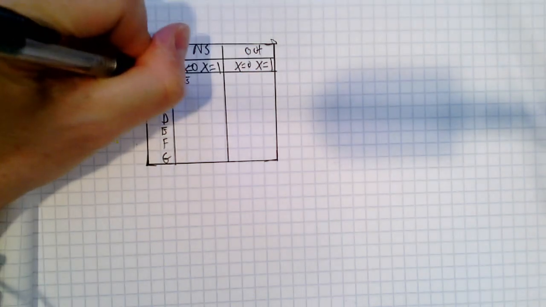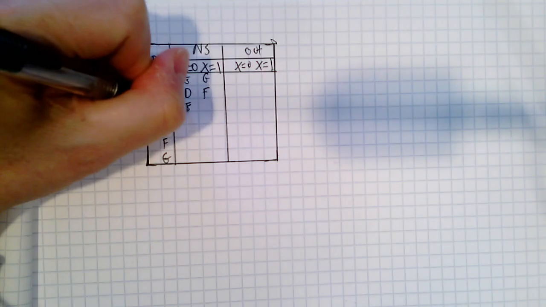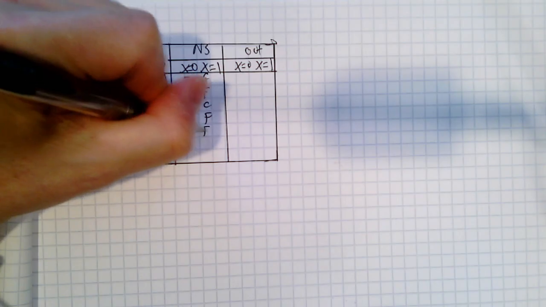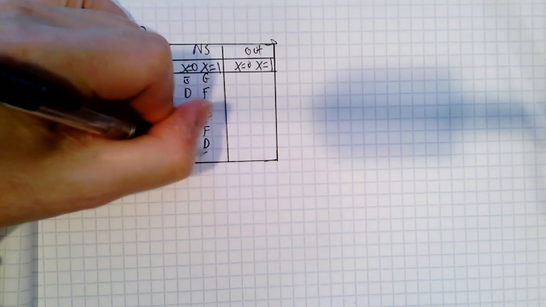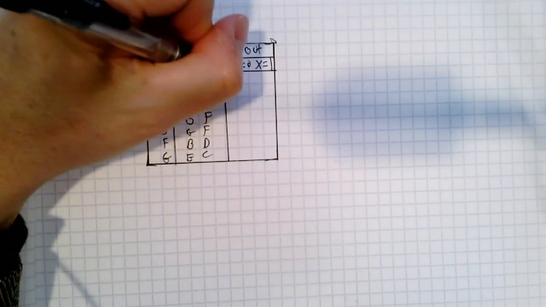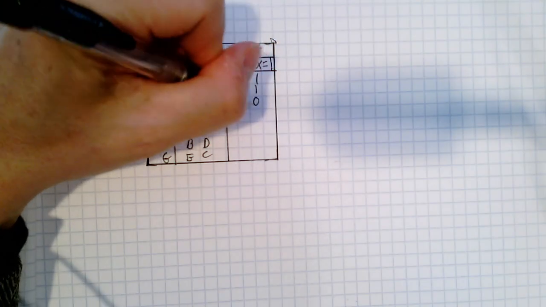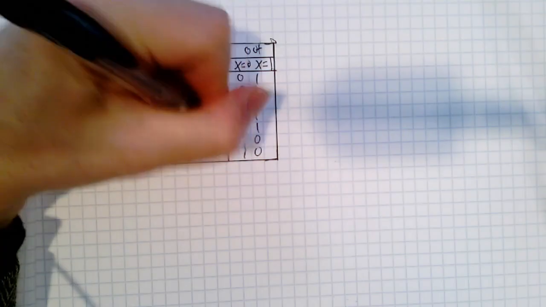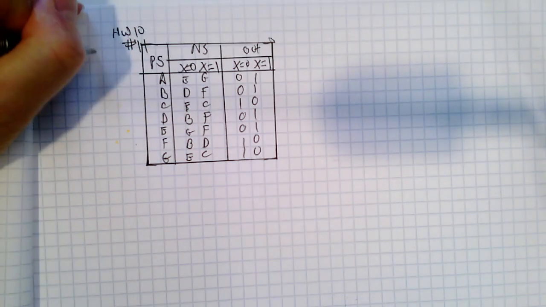So this is going to be E, G, D, F, E, C, B, F, G, F, B, D, E, C, and it looks like it's going to be 0, 1, 0, 1, 1, 0, 0, 1, 0, 1, 1, 0, 1, 0. Is that correct? This is number 14.